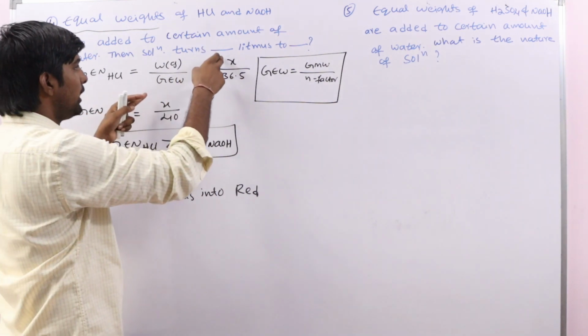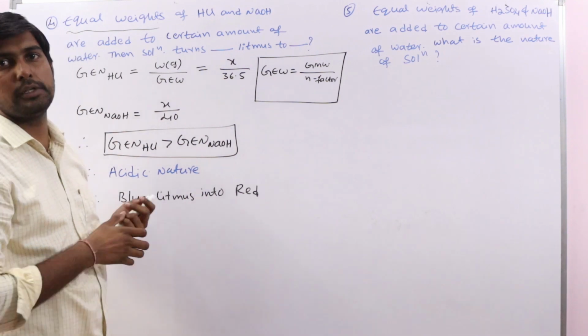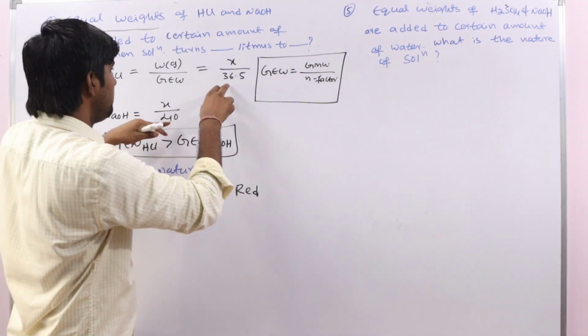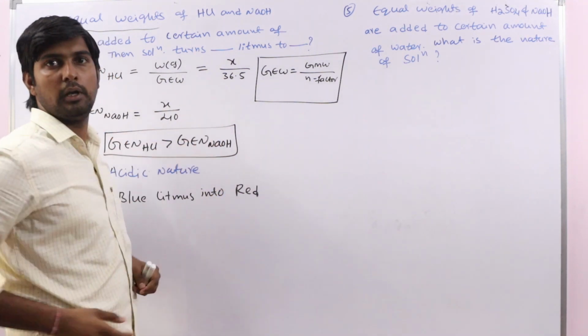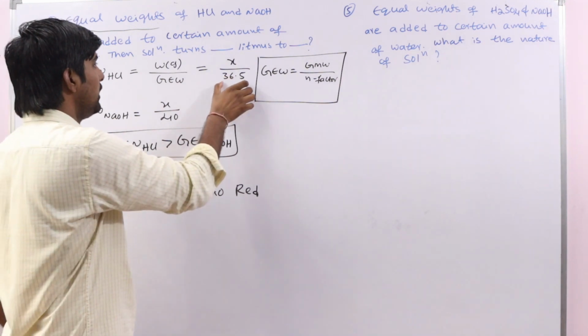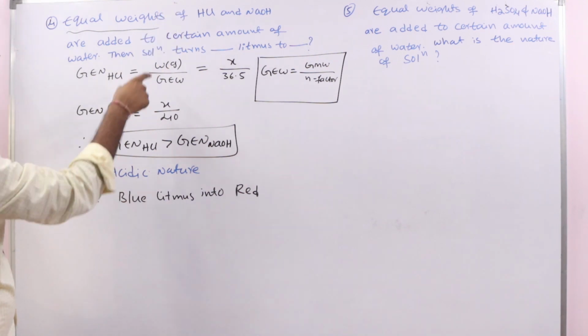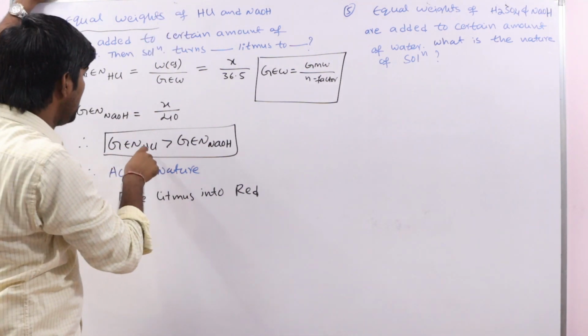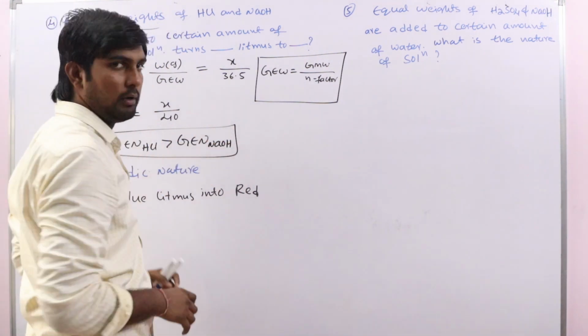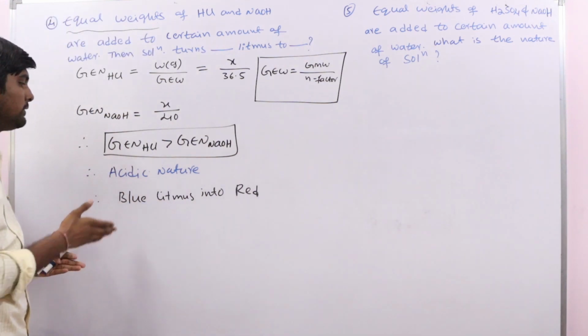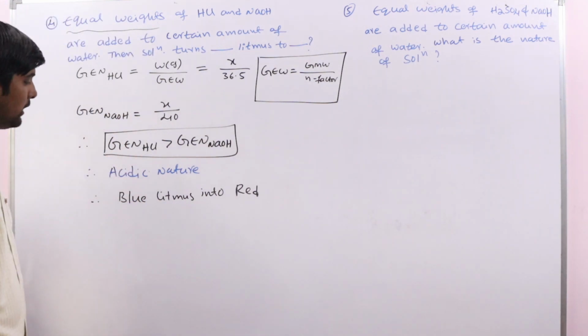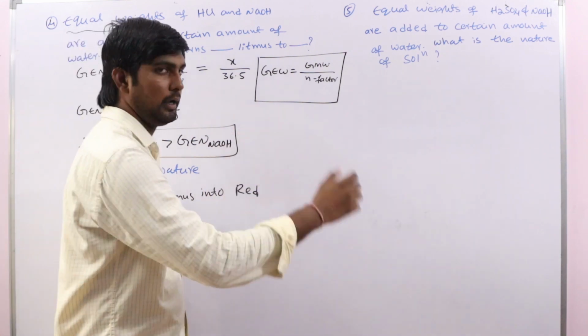Here the numerator is the same, so we just check the denominator value. A smaller denominator means a larger value. The number of equivalents of acid is greater than that of base, so the nature is acidic and it will turn blue litmus into red.